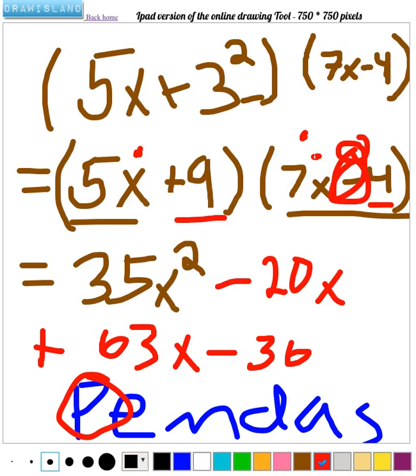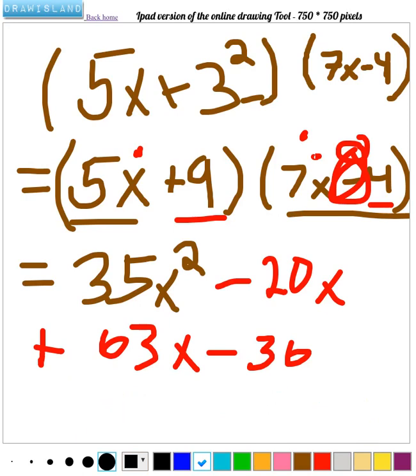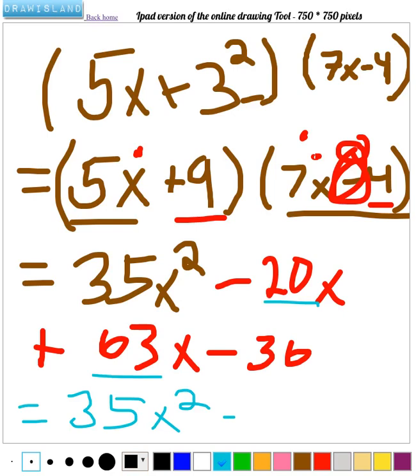And when you add all this up, let me just erase PEMDAS here so we have some more room. When you add all this up, you get 35x to the power 2, minus this plus this is 83x, and then minus 36.